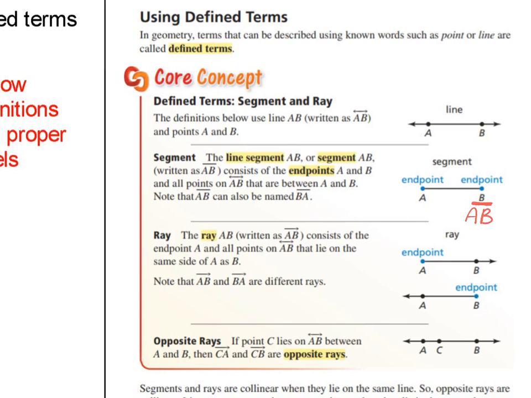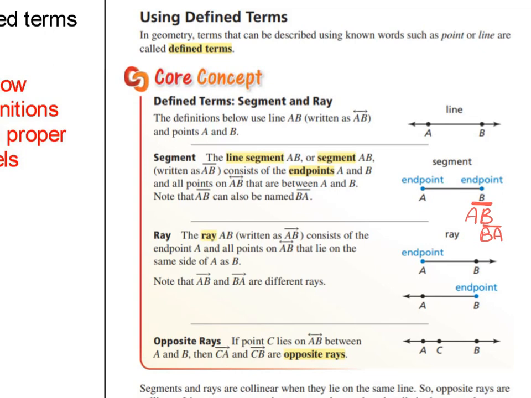Just like before, when I labeled my line, I can switch the order of this, and that's fine. I still know what segment I'm talking about as long as I have that solid line above AB or BA to indicate that I'm not talking about a line. I'm talking about a segment that ends at those points, A and B. Those are end points. It doesn't go any further than that.